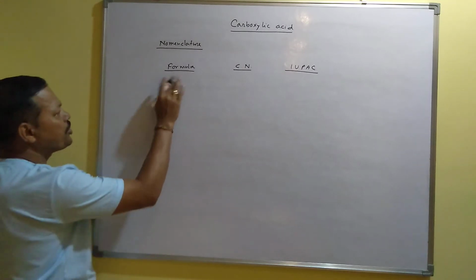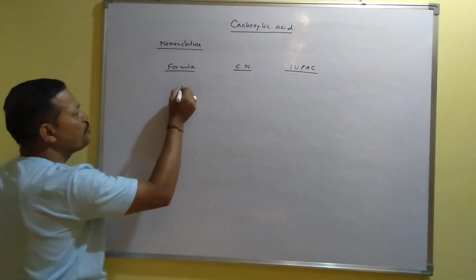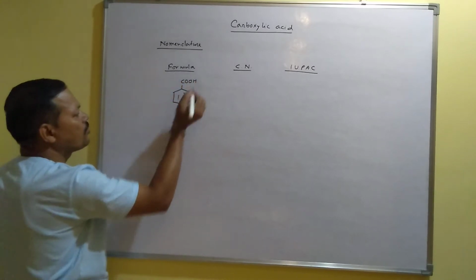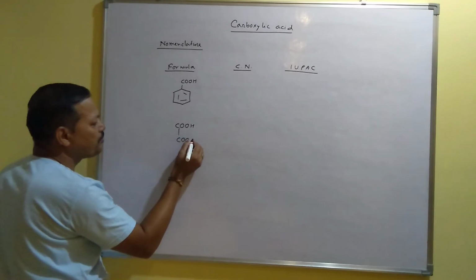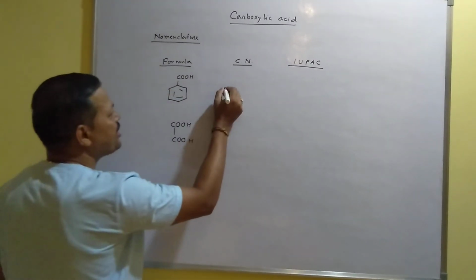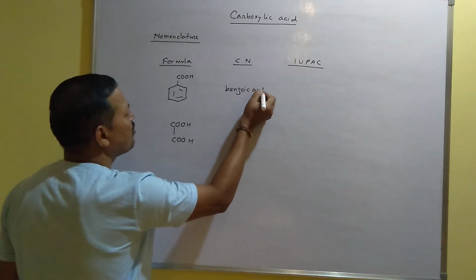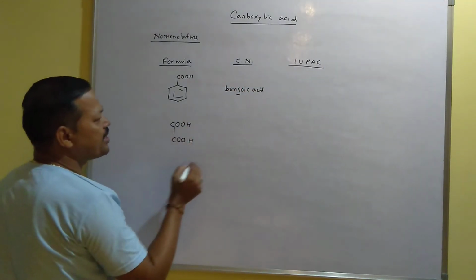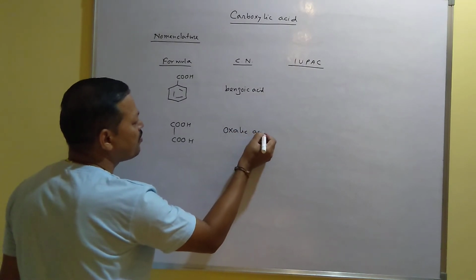This is one of the carboxylic acids, an aromatic carboxylic acid. Benzene contains a COOH group. This is one carboxylic acid which contains 2 COOH groups. The common name of this acid is benzoic acid, and the common name of this acid is oxalic acid. Everyone knows it, oxalic acid.